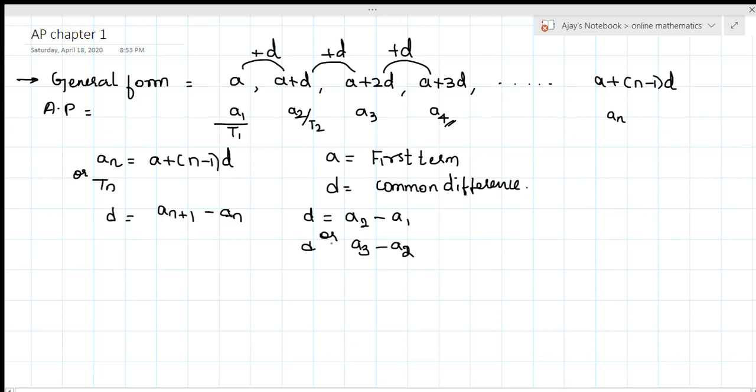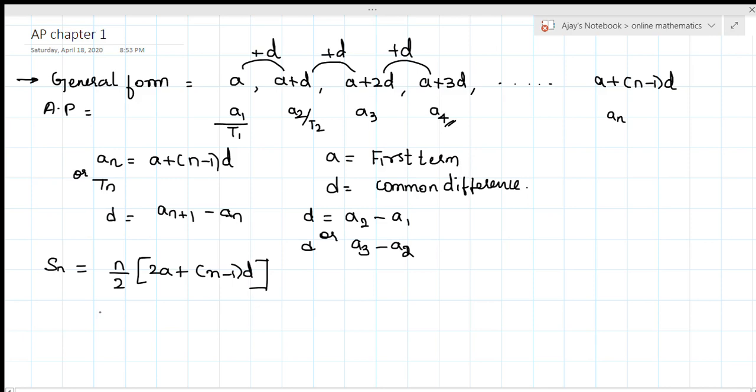The next formula we have to know is the sum of an arithmetic progression, that is Sn. For Sn, we have two formulas. One is n by 2 into 2a plus n minus 1 into d.